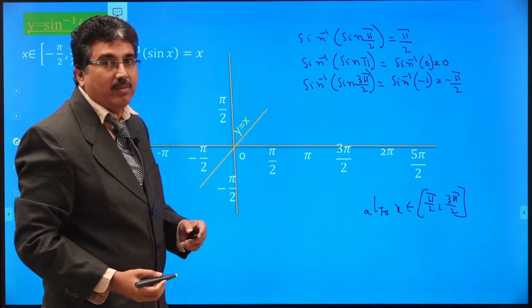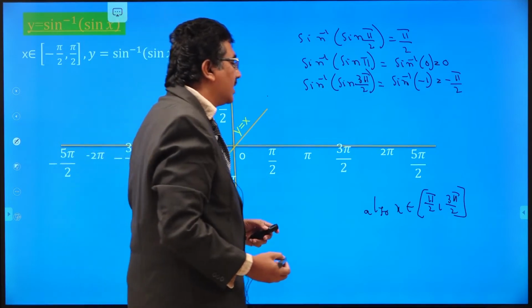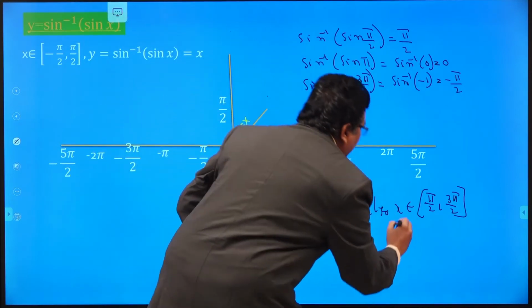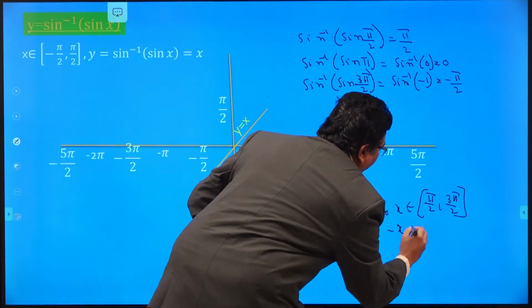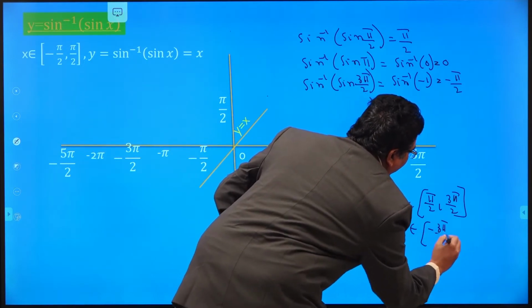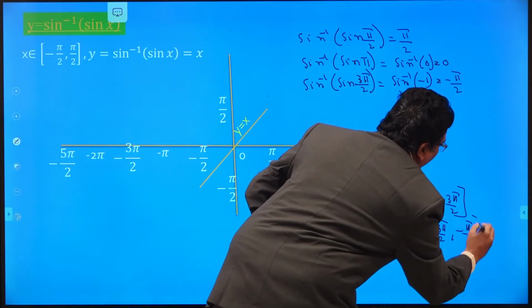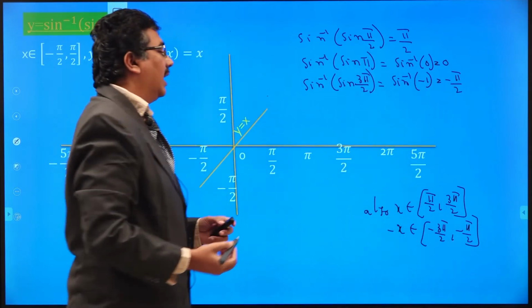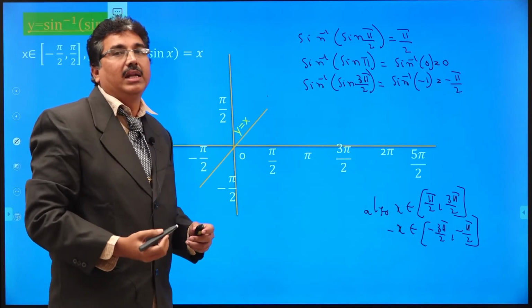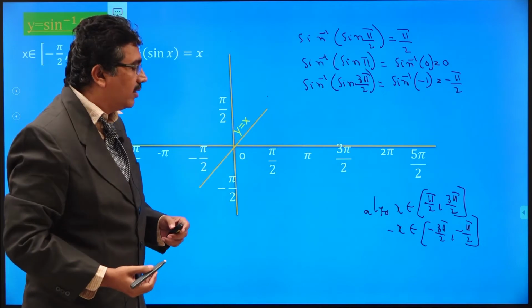X belongs to the closed interval pi by 2 comma 3 pi by 2, so minus x belongs to the closed interval minus 3 pi by 2 comma minus pi by 2.